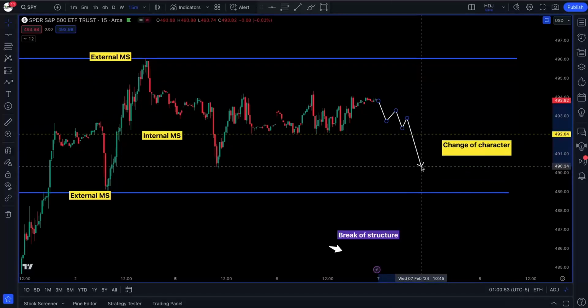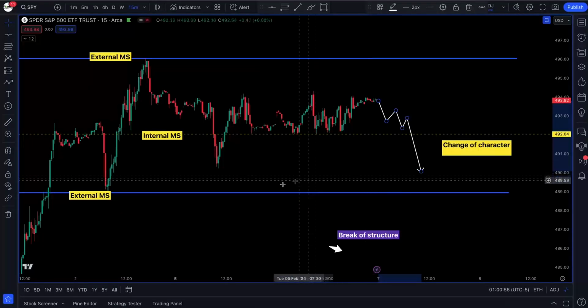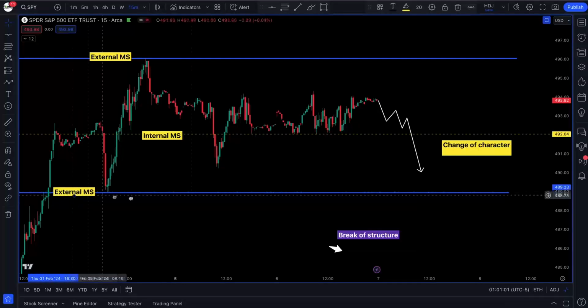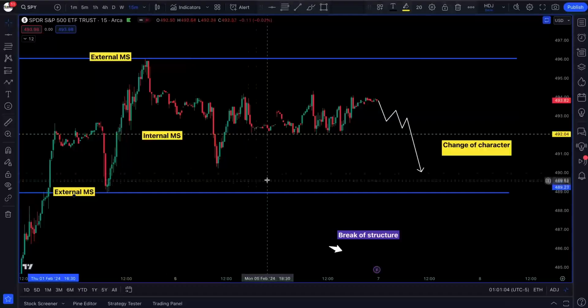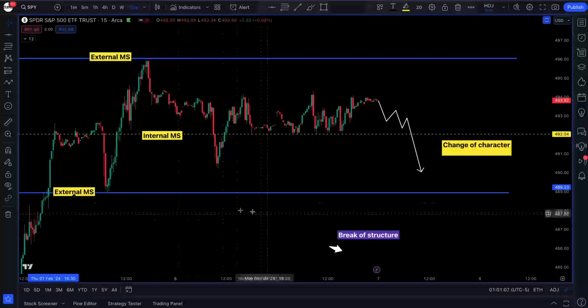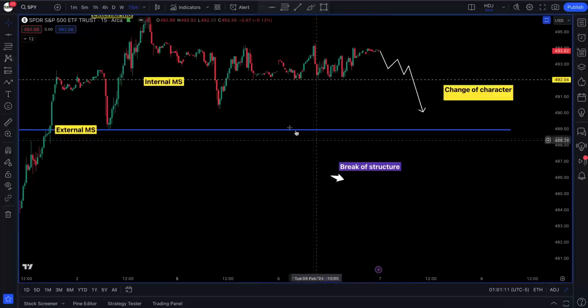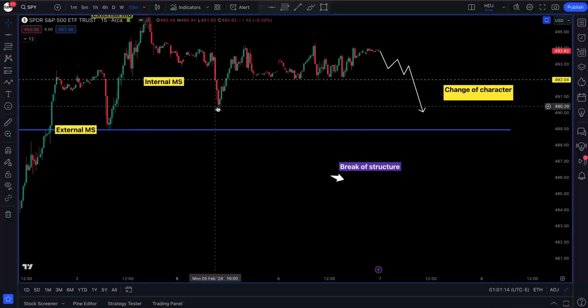All right. And there is likely that we have something called liquidity. And we're going to talk more about that. But there's liquidity here and here. So I would expect price action to come take out these lows. This is a low and this is a low.